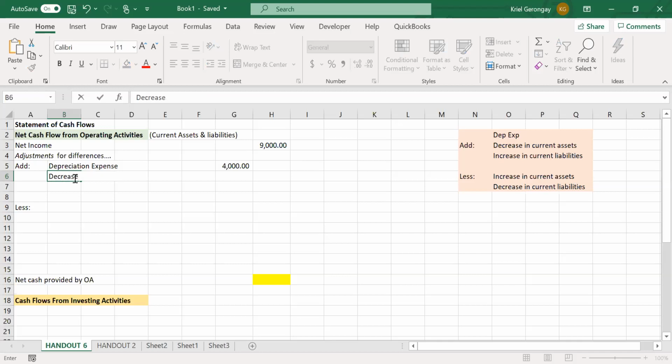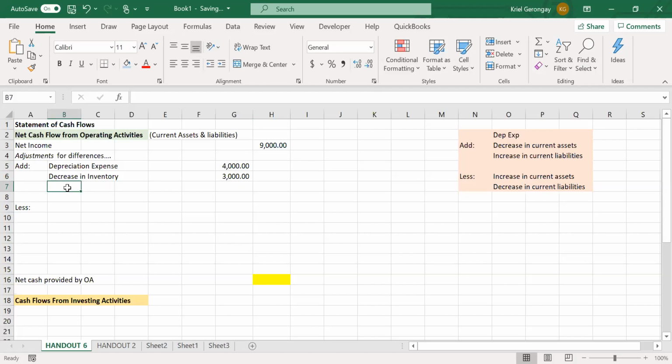Decrease in inventory, $3,000. In case you're wondering why we skip the accounts receivable and supplies part, that's because they didn't actually decrease. From 2019, those accounts increased by the specific number.